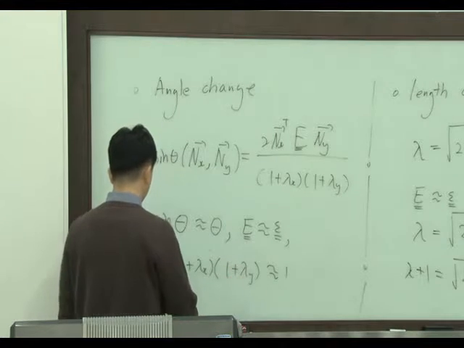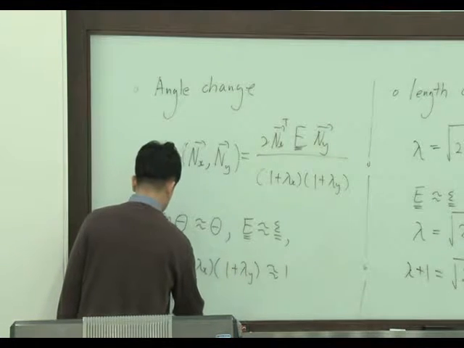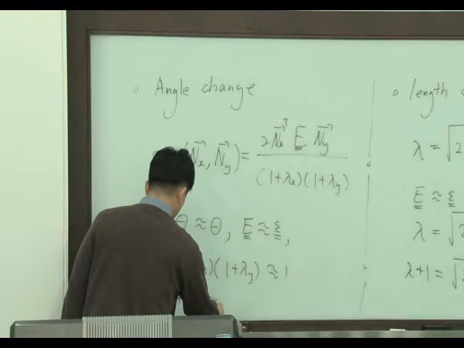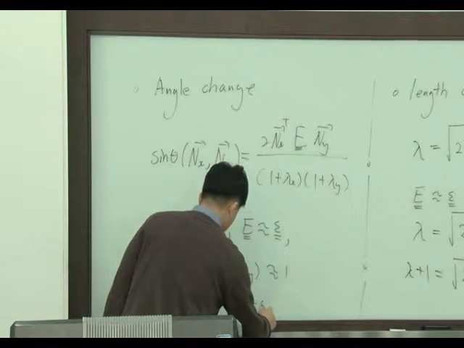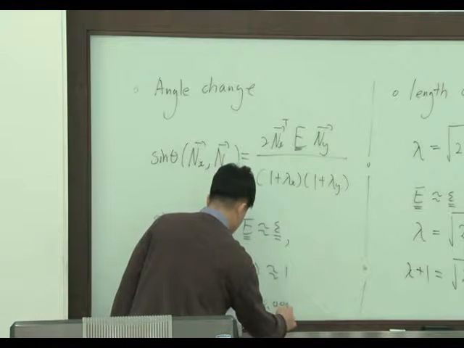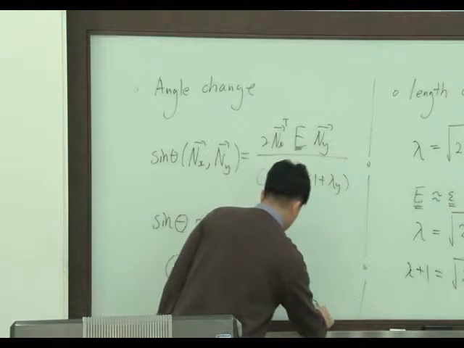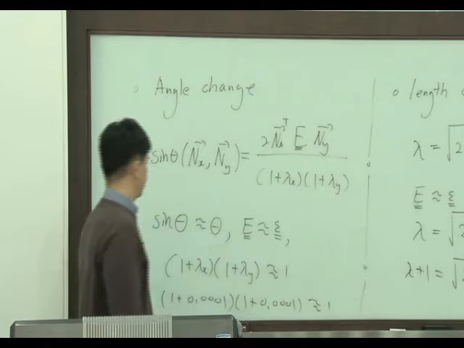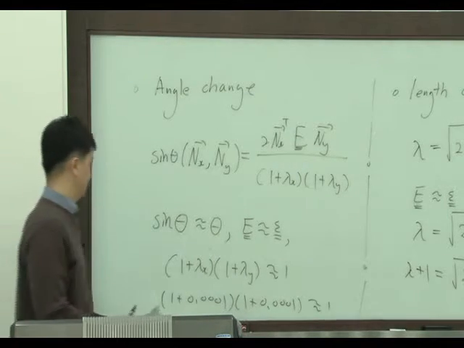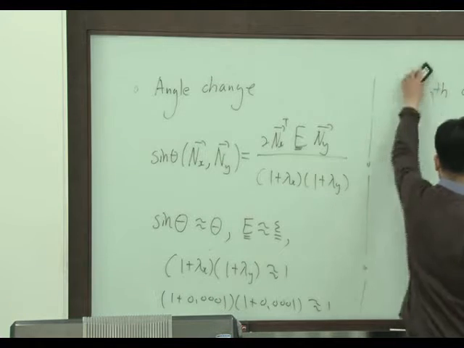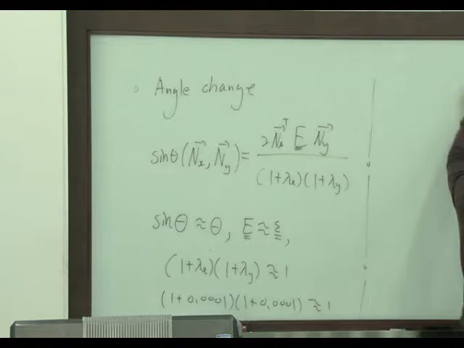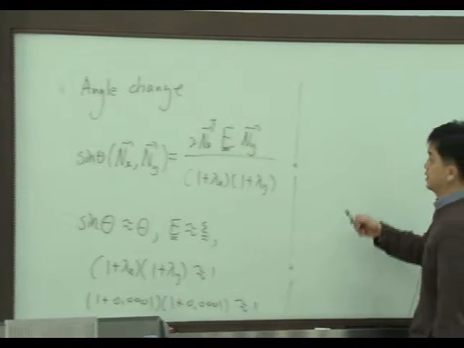For example, 1 plus 0.0001 multiplied by 1 plus 0.0001 is similar to 1, right?